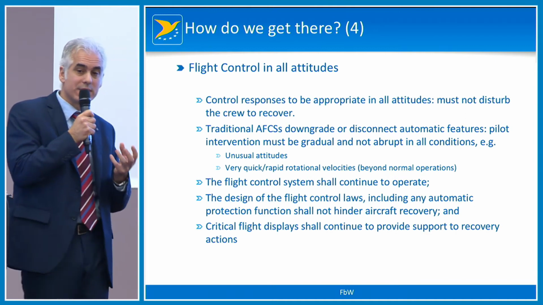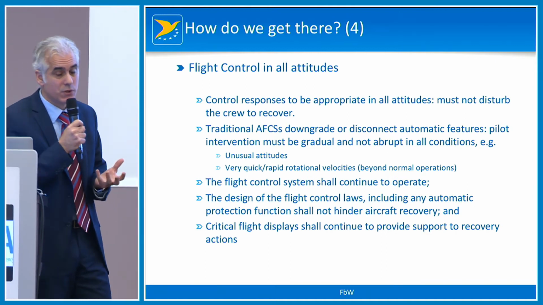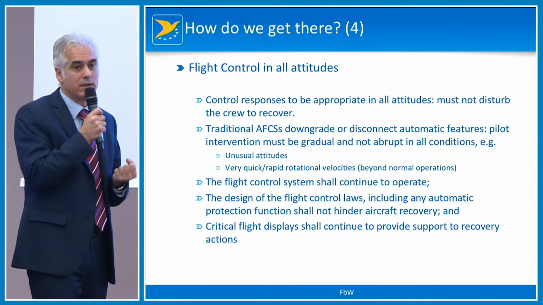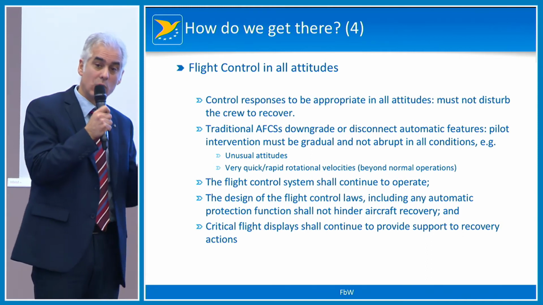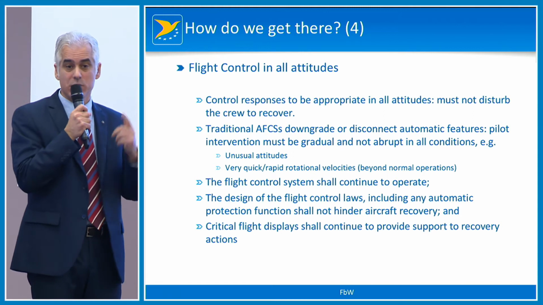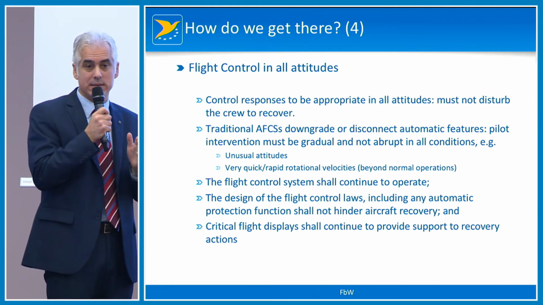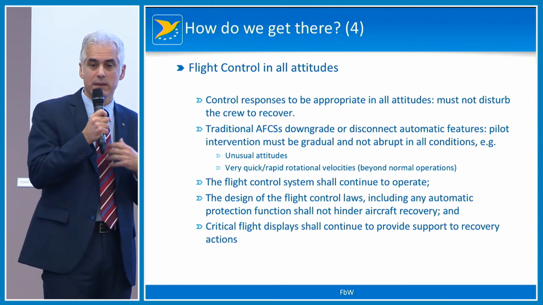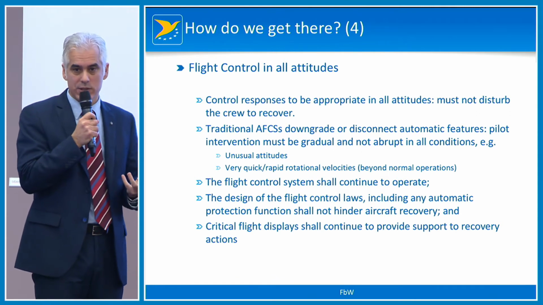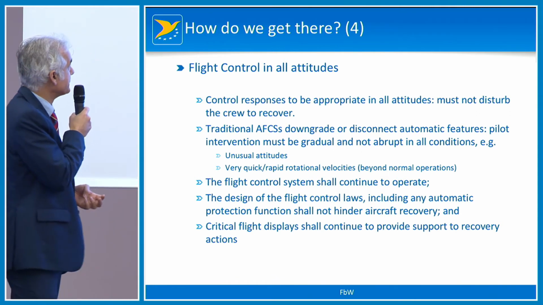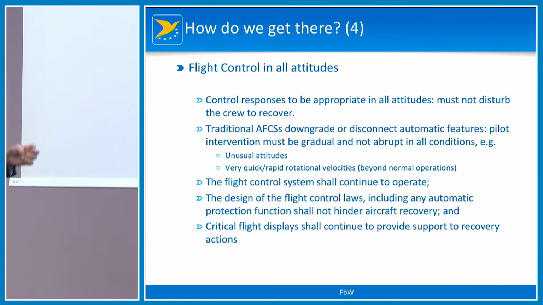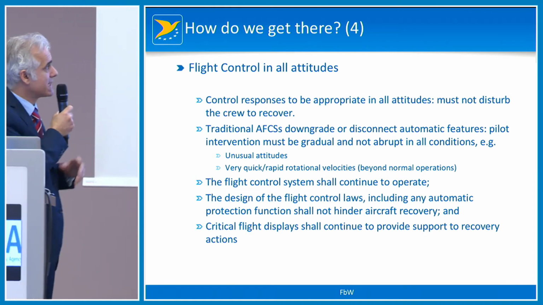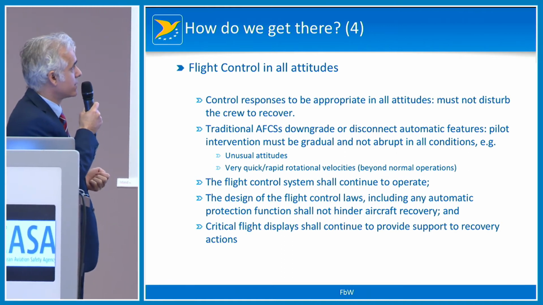So the designers have to adapt their control laws so that the pilot does not fight the control law in order to control the aircraft. It has to be straight to his brain what he needs to do very quickly in an emergency situation to recover. So traditional flight control systems downgrade or disconnect automatic VHS.